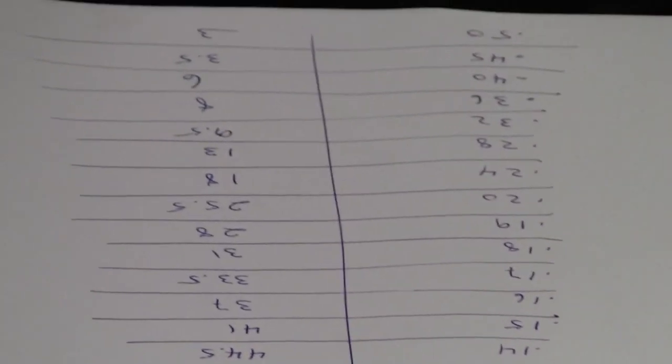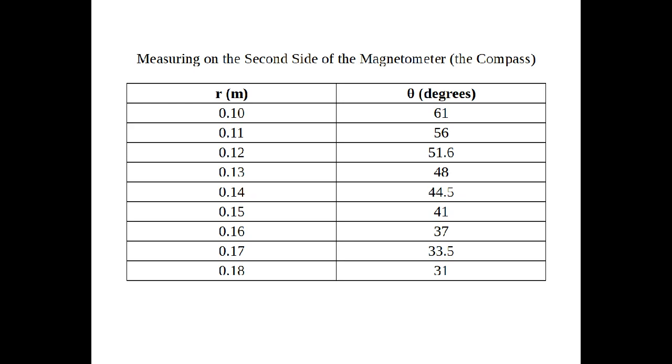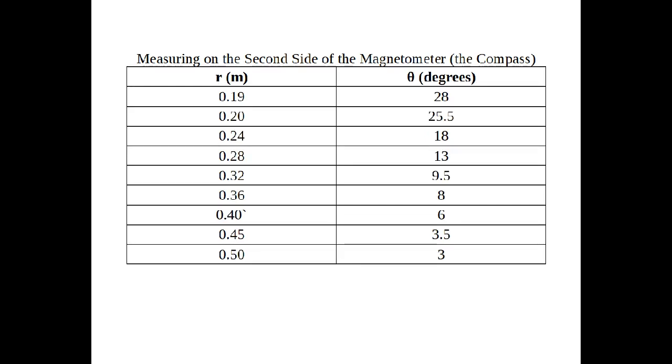So, plot those two. Let me show you the data so you can see it a little better. And so this is going to be your second and last plot.